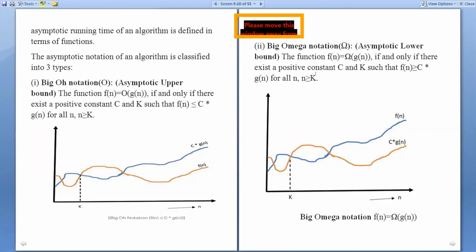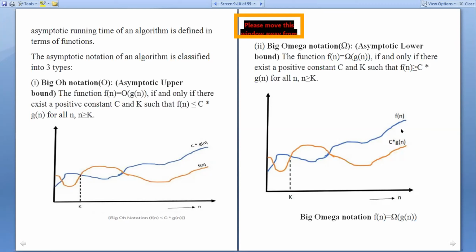F of n is omega of g of n if and only if there exist positive constants c and k such that f of n is greater than or equal to c multiplied by g of n for all n greater than or equal to k. See the two curves: c multiplied by g of n is at the lower bound and f of n is above it.